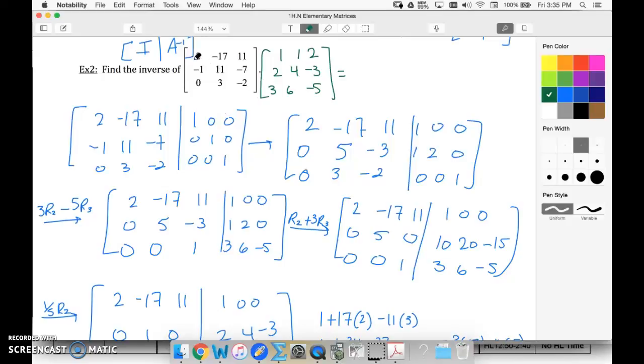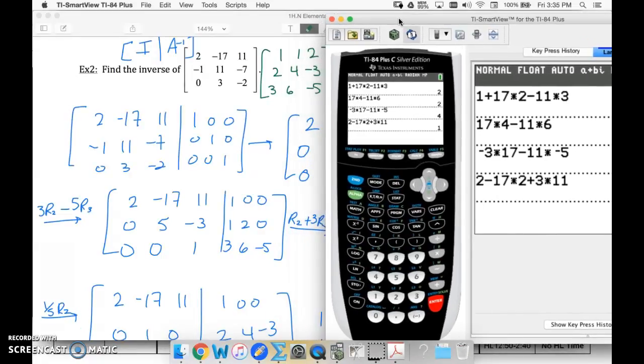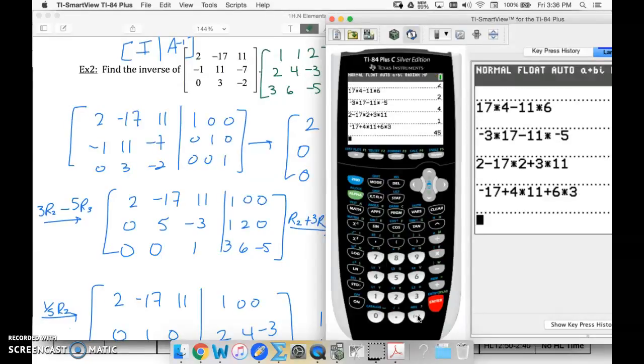So 2, let's come back here, 2 minus 17 times 2 plus 3 times 11. Hopefully we get 1, indeed. Let's go with the next row and column, and we're going to end up with negative 17 plus 4 times 11 plus 6 times 3, and hopefully we get 0.